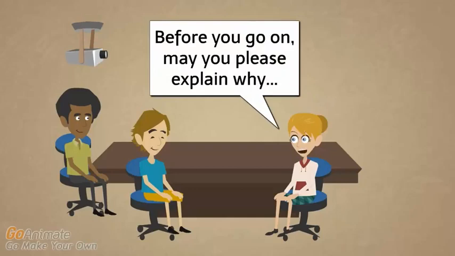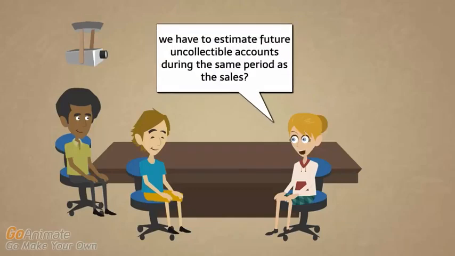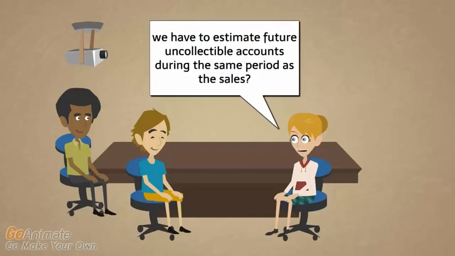Before you go on, may you please explain why we have to estimate future uncollectible accounts during the same period as the sales? The best way to think about this is the matching principle. So a cost of doing business this period, a cost of generating revenue, is that some of the sales that we made in shipping goods to our customers, those customers will not pay us.